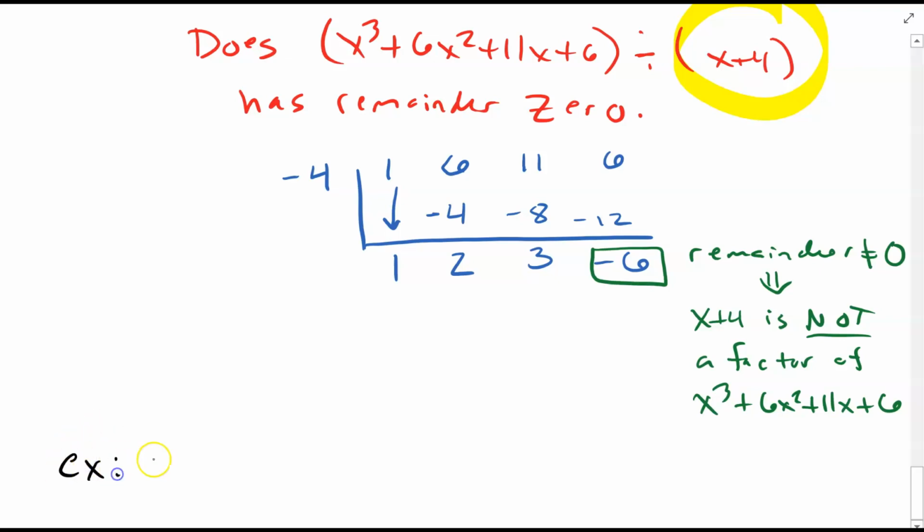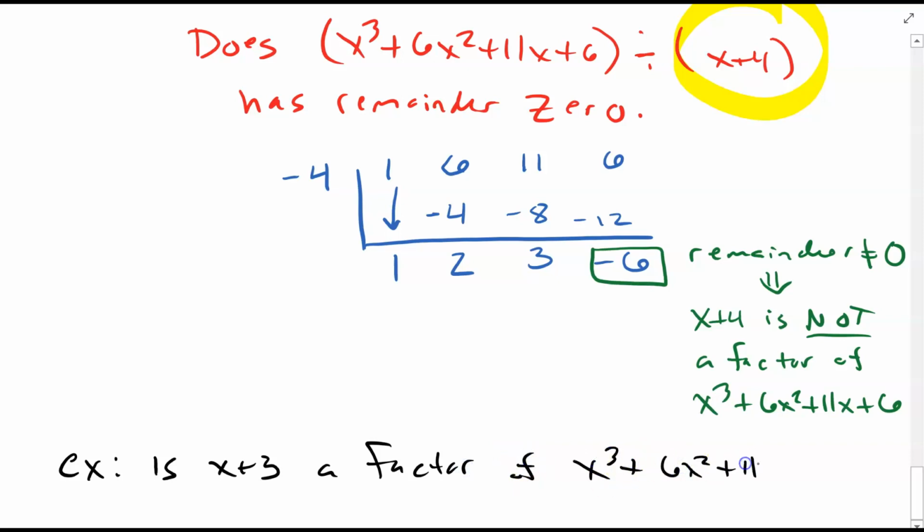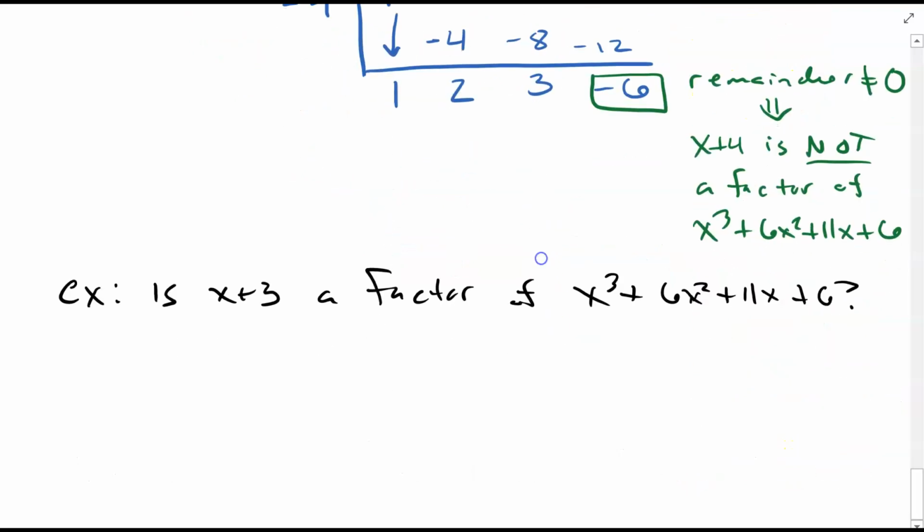What if we ask, is x plus 3 a factor of x cubed plus 6x squared plus 11x plus 6? Well, we'll do the same thing. We'll test this by using division. What number is going to go outside of our synthetic division bar?